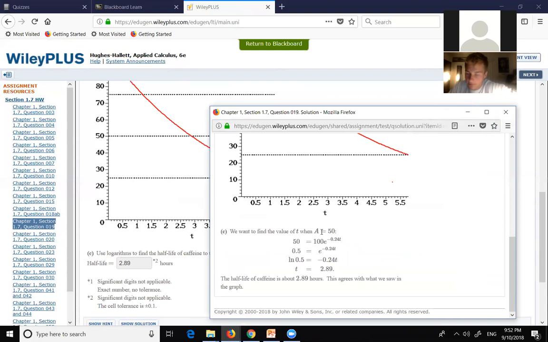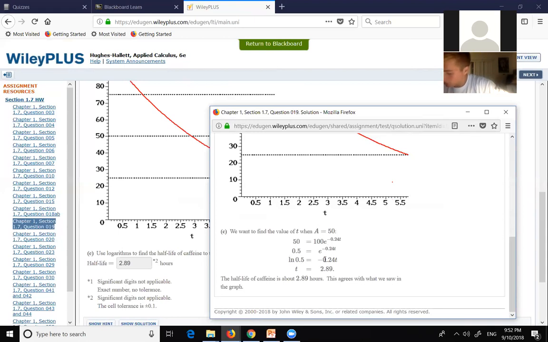Right. Okay. So 50 is now A. 50 equals this, so divide by 100 on both sides. You get 0.5 equals e to the something here. And then to solve for the exponent of the base e, you take the ln on both sides. When you take the ln, you just get the exponent.